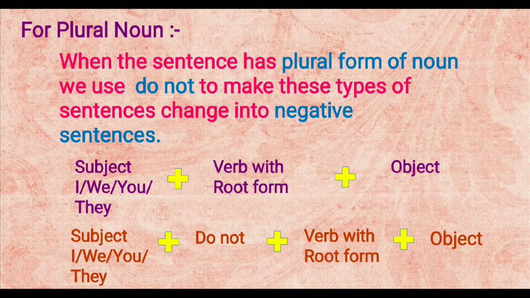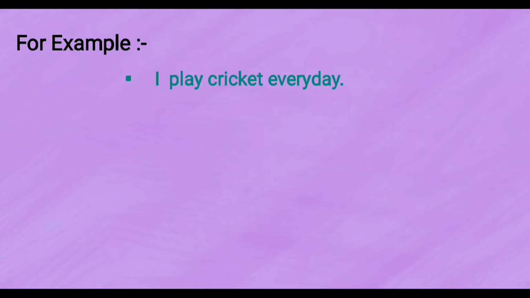Now let's see examples of this rule for better understanding. First is: I play cricket every day. As we know, I is the doer of the action, play is the verb, and cricket every day is the object. This is the positive sentence. Now what do we do to make it negative?